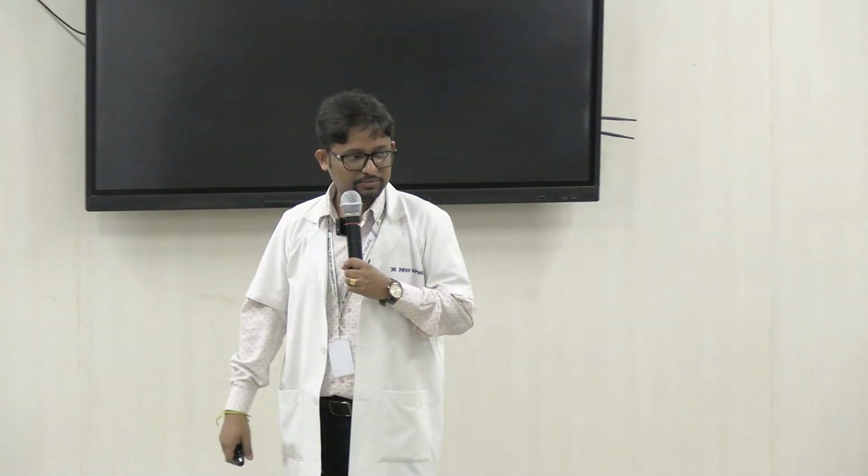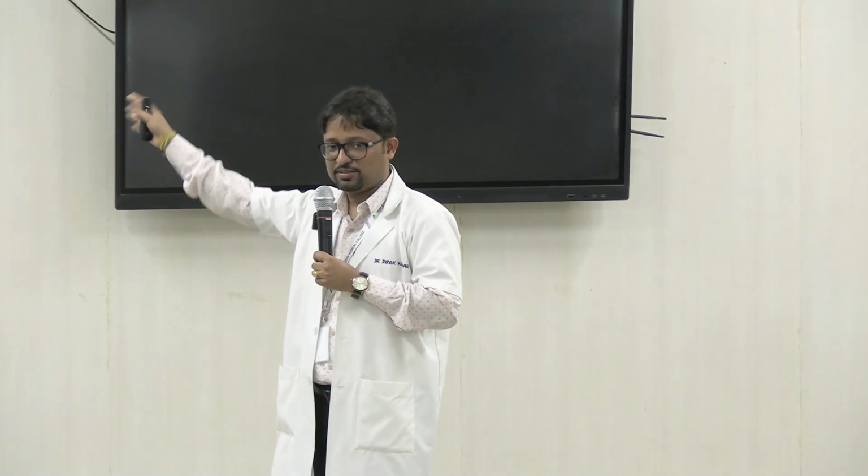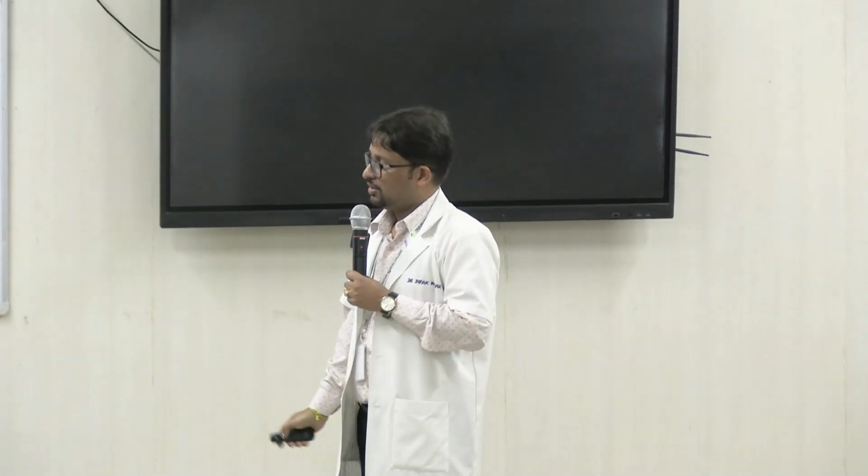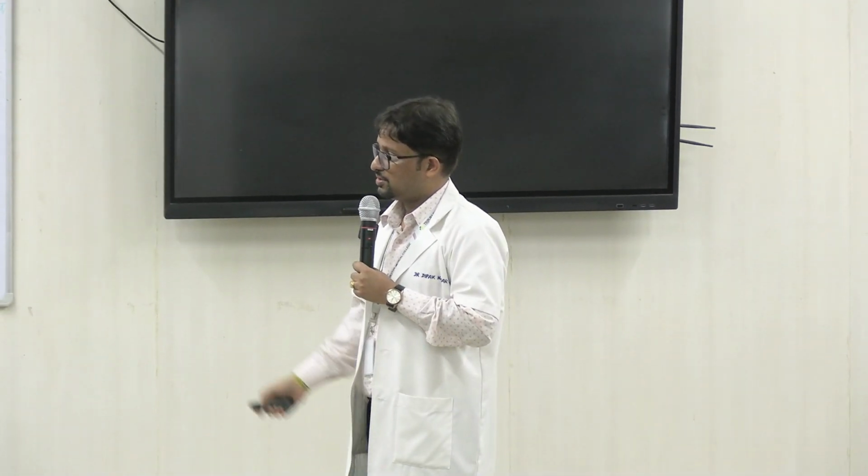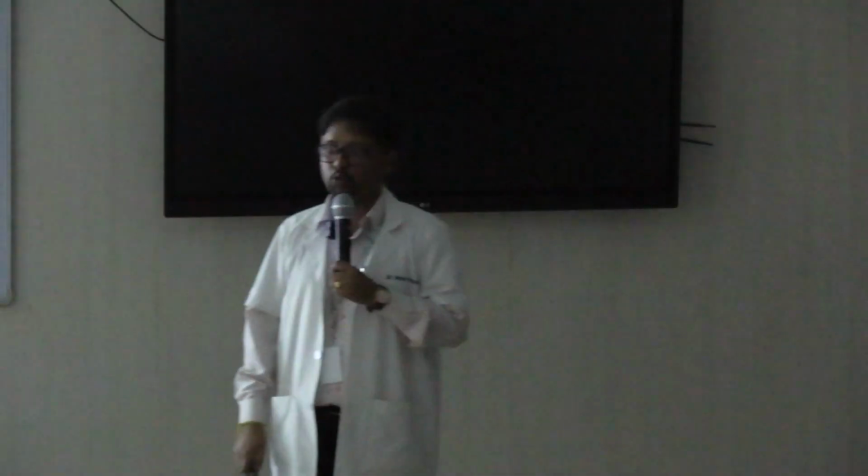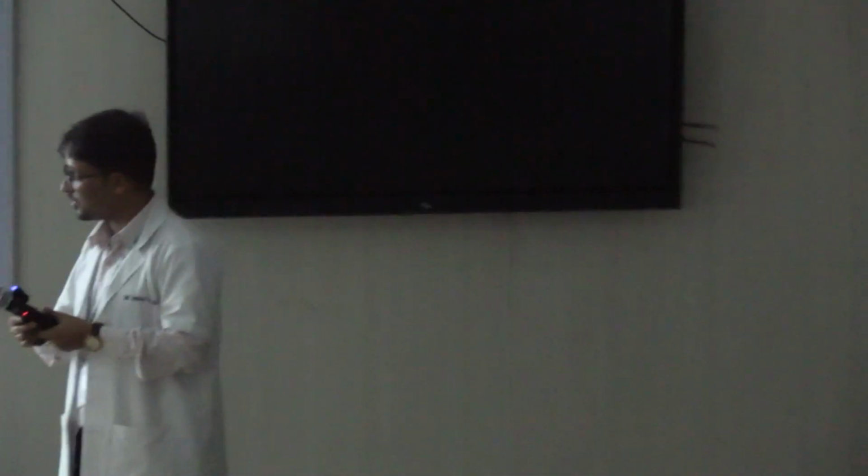Tolerance can be at the level of central, in the bone marrow or thymus. It can be at the level of the periphery, in the blood also. At the central level, there is a process of clonal deletion, in the bone marrow and thymus.